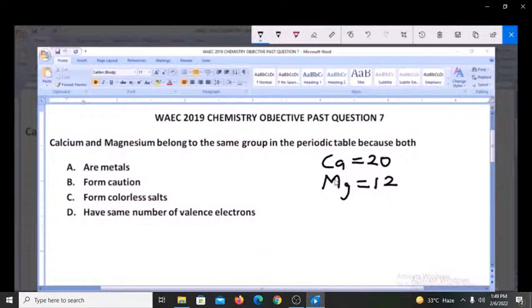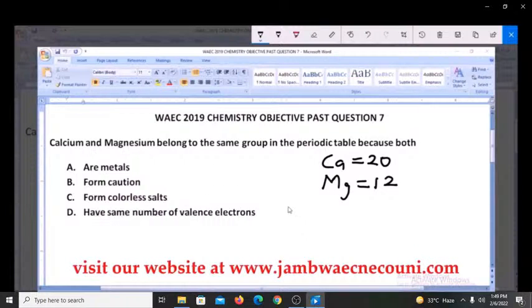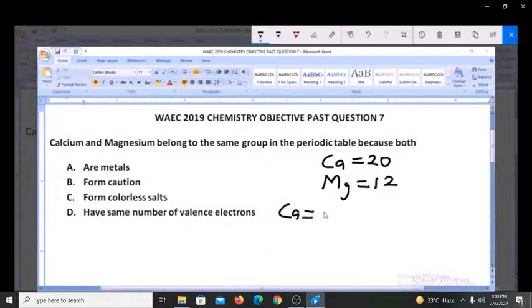So, as you may know, the KLMNO format expresses the number of electrons in each shell of the atom. So, for calcium, the electronic configuration will be 2, 8, 8, 2. The reason is because the innermost shell, the K shell, can take a maximum of 2 electrons.